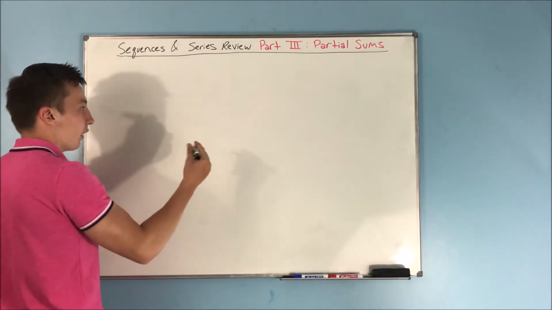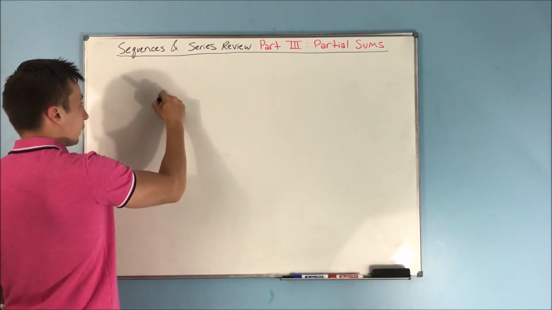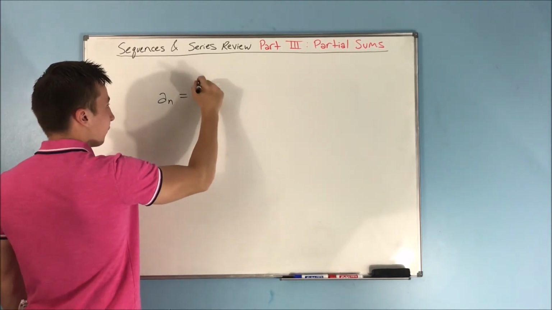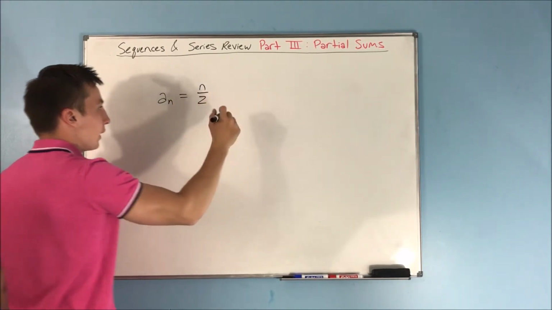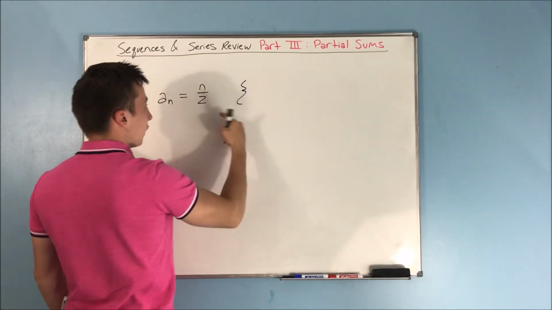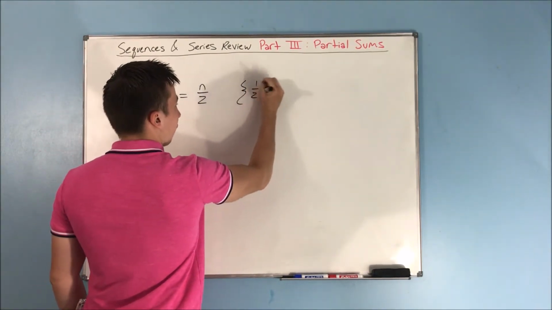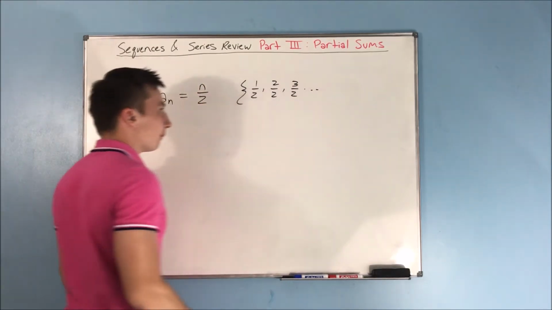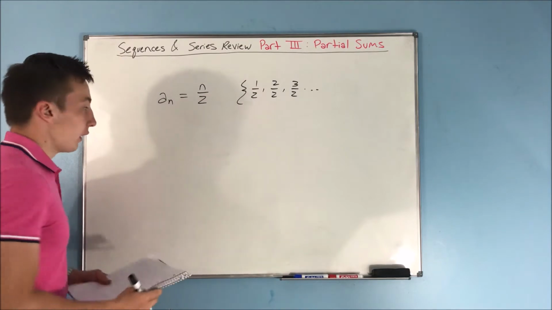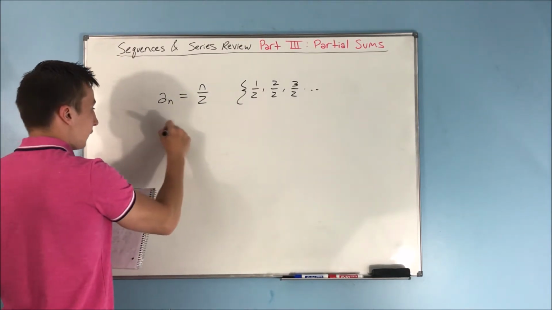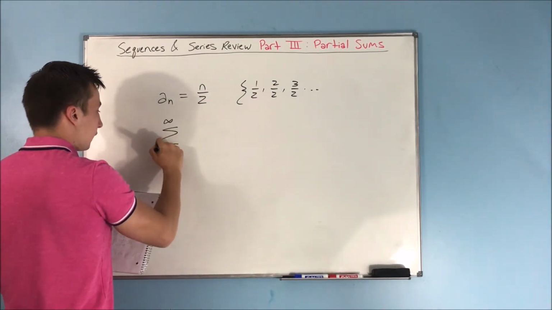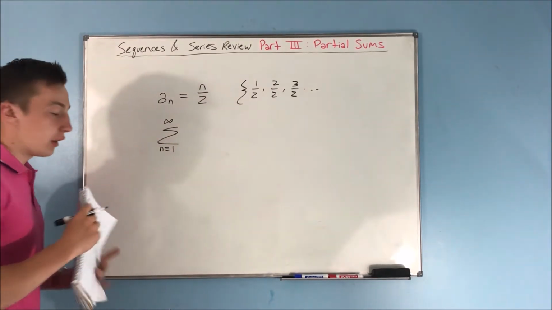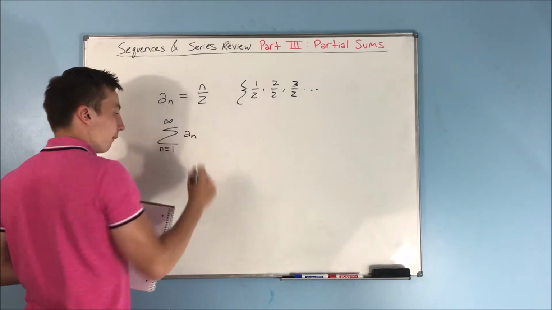Well, now instead of having just a sequence where we have a sub n equal to, let's say, n over 2, and we get a list of terms like 1/2, 2 over 2, 3 over 2, and so on. Now what we're going to have is something that looks like this: the sum as n from n equals 1 to infinity of your a sub n.